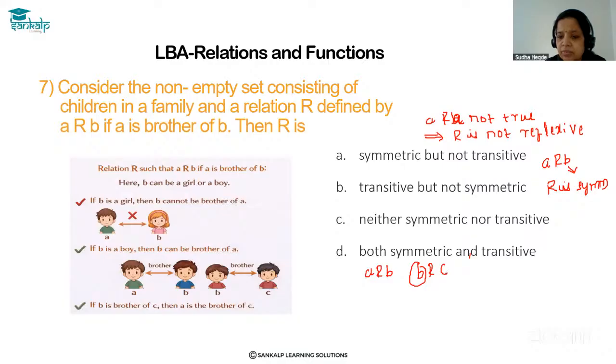Then can A be brother of C? If C is a girl also, then A can be brother of C. Therefore, R is transitive.